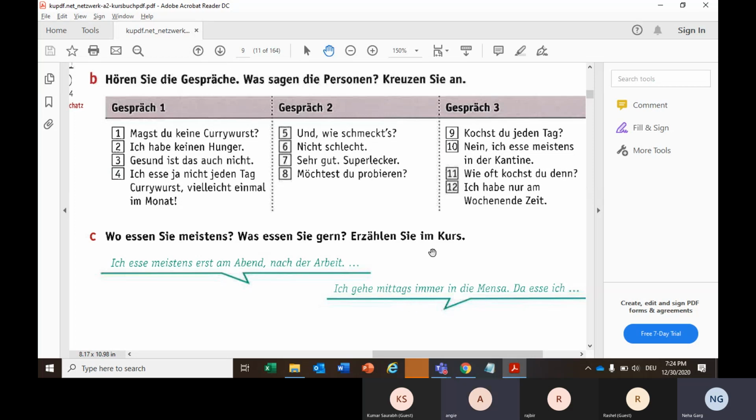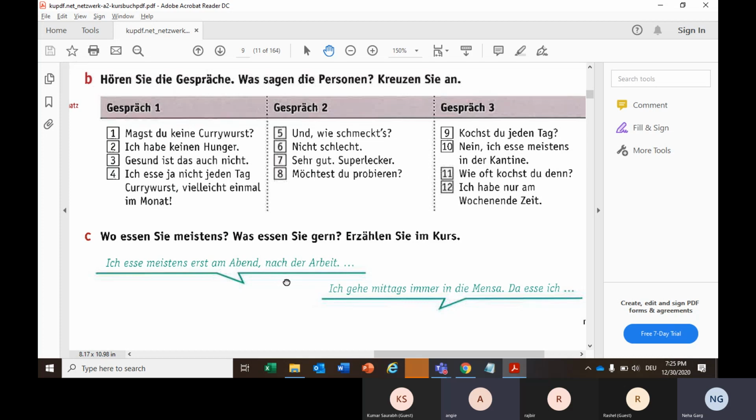Like in the canteen or in the cafeteria or maybe at house or in office, or in the restaurant? Ich esse meistens in meinem Haus. Meinem.